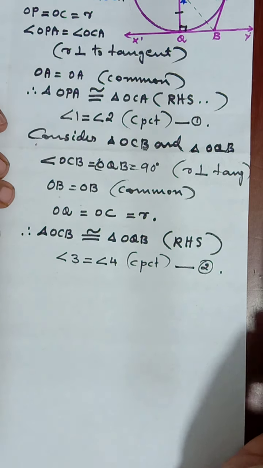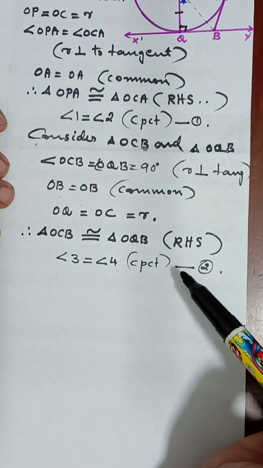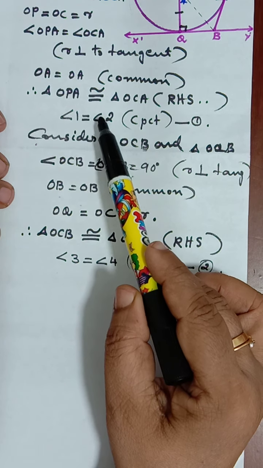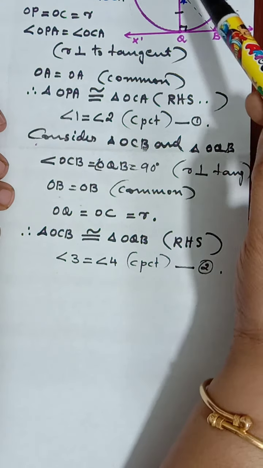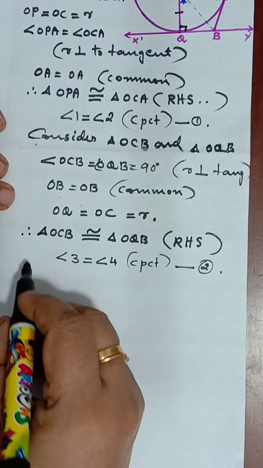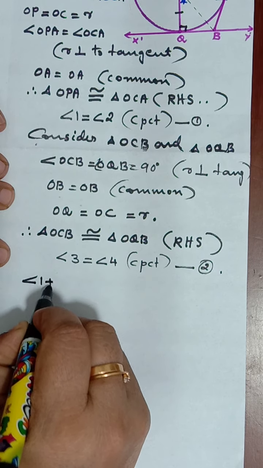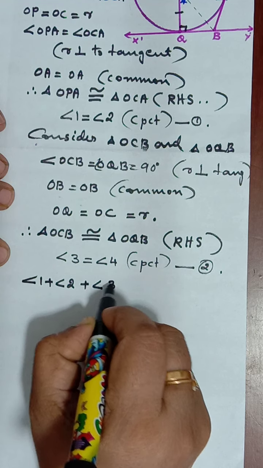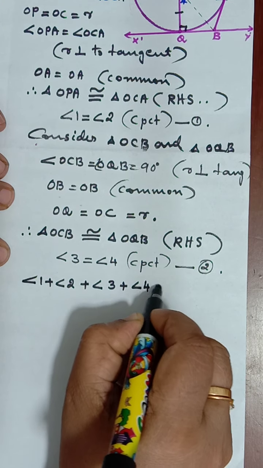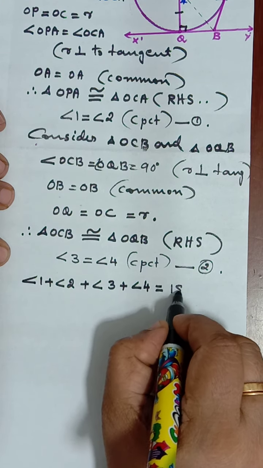Now match these two, first equation and second equation. You can see that angle 1 is equal to angle 2, angle 3 is equal to angle 4. Let us take the sum of all these 4 angles. Why do we take that? So that we'll be getting 180 and we can make it 90 afterwards in the next step. So all this sum equal to 180 degree.